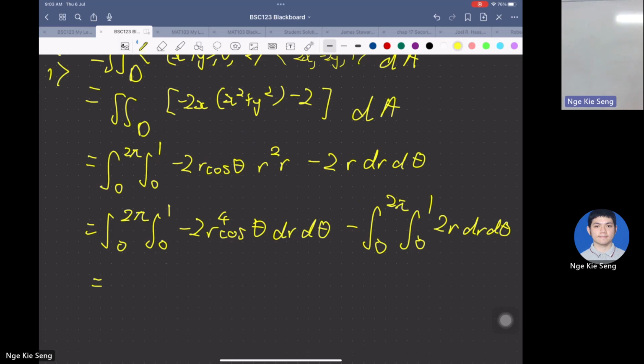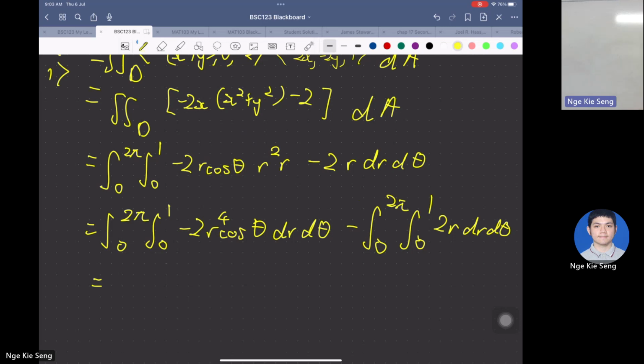That one is from the double integral chapter. Right, correct.